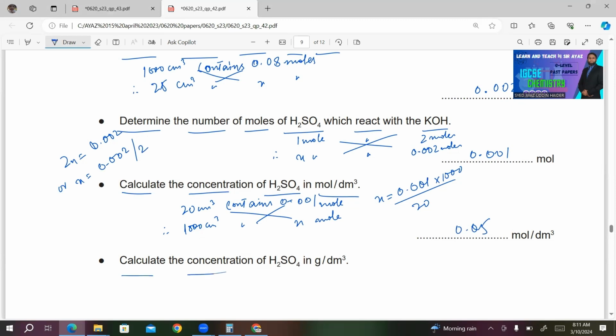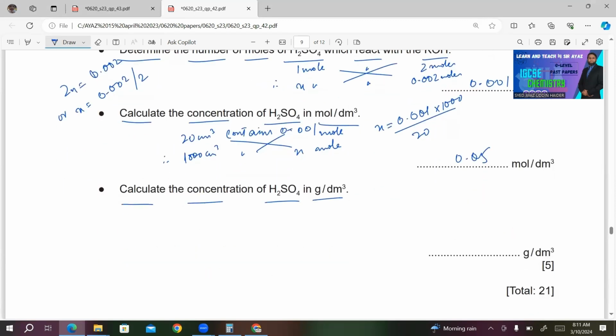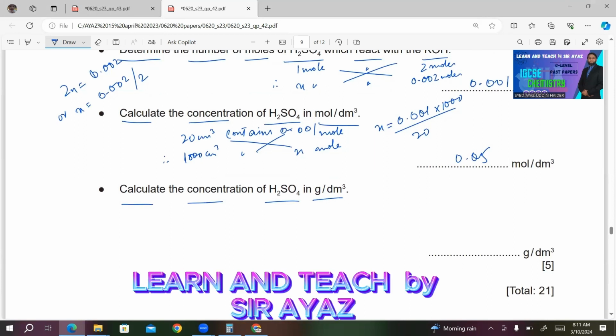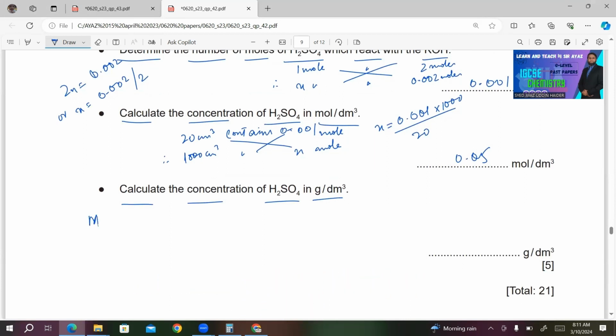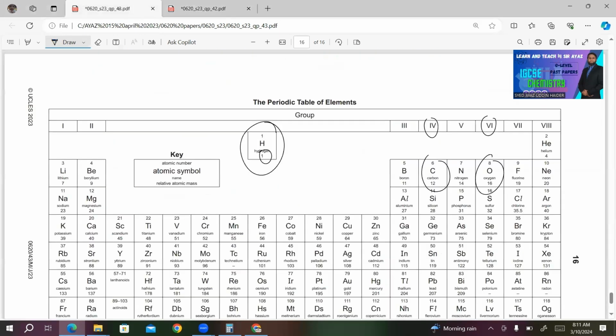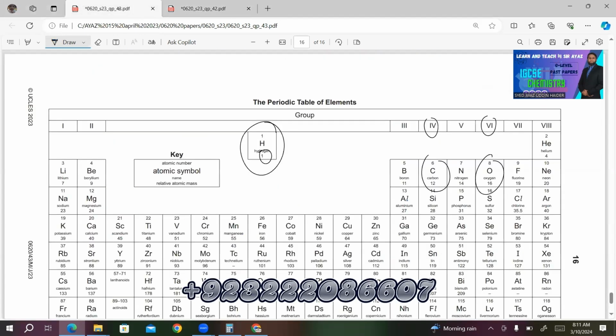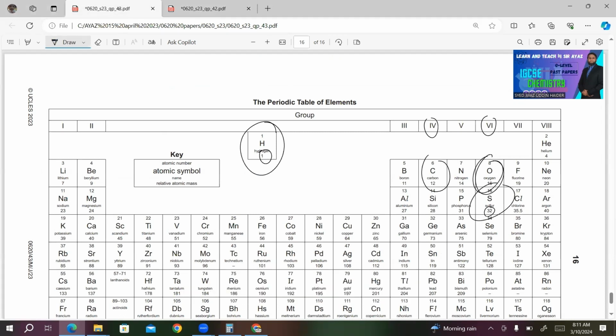Next part, calculate the concentration of H2SO4 in gram per dm cube. For this, we need to calculate the MR of H2SO4. We have 2 atoms of hydrogen, so 2 will be multiplied by the mass number of hydrogen, which is 1. What about sulfur? The mass number is 32. Oxygen, the mass number is 16.